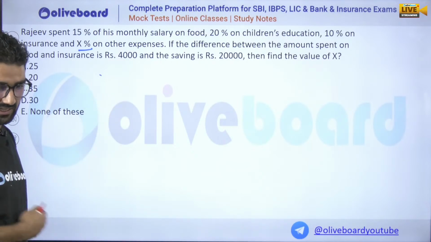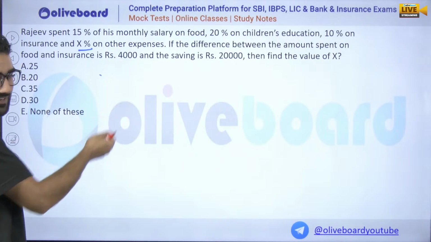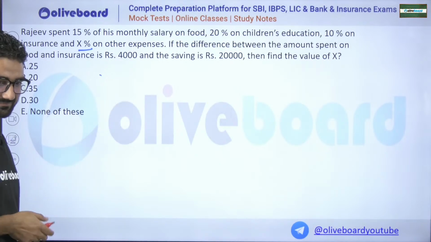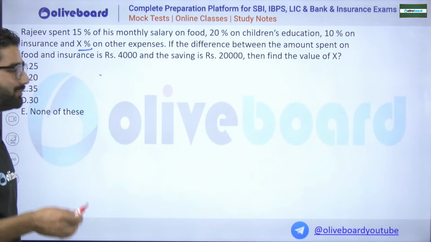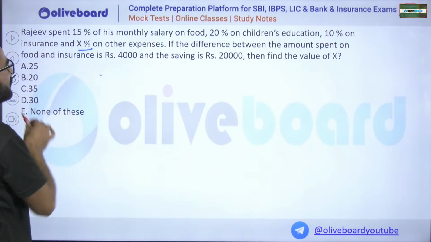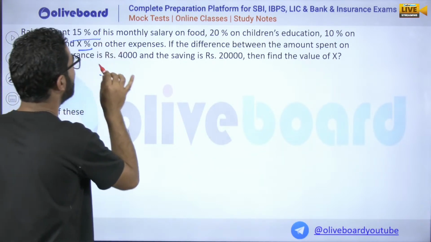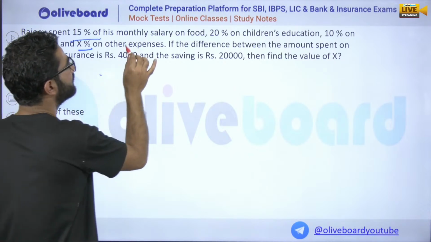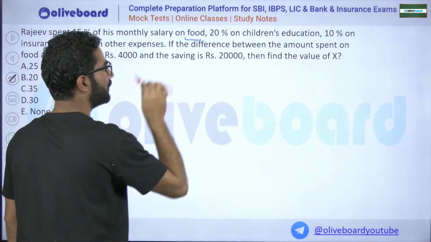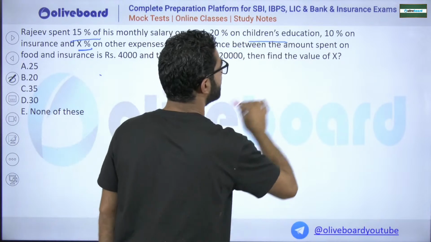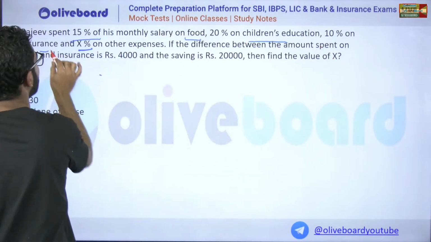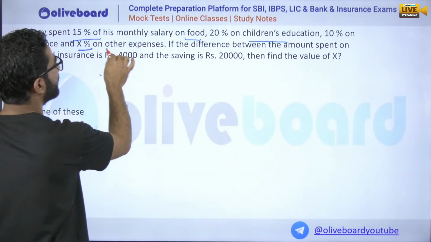I have raised the level a little bit, not more. If you see the question, Rajiv spent 15 percentile of his monthly salary on food, 20 percentile on children's education, 10 percentile on insurance, and X percentile on other expenses.